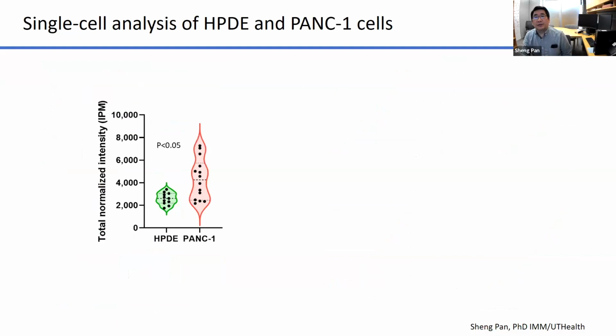Then we used our platform to analyze two cell types, normal and cancerous pancreatic epithelial cells. HPD is the normal pancreas epithelial cell, and PANC1 is the pancreatic cancer cell.